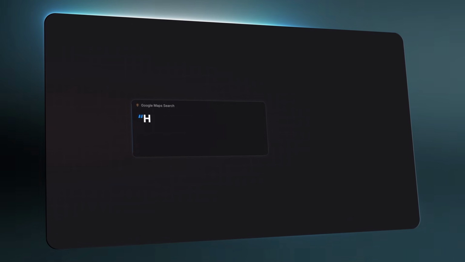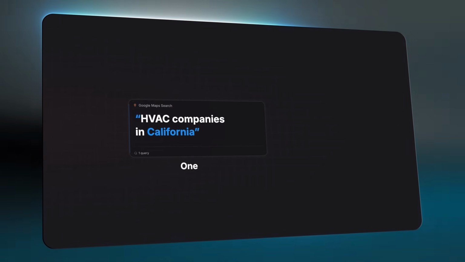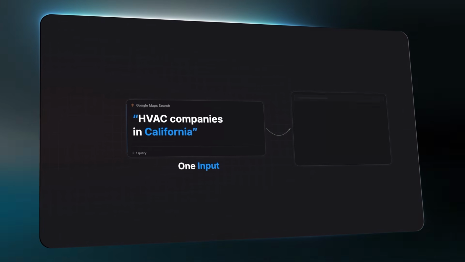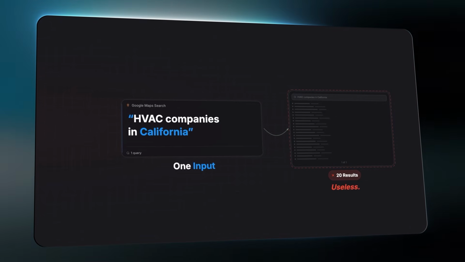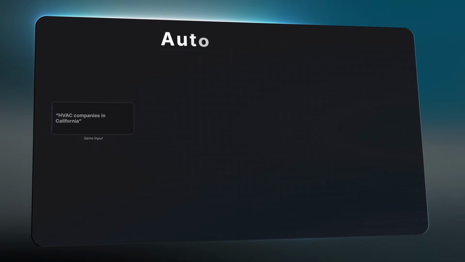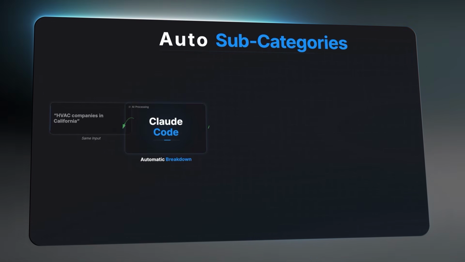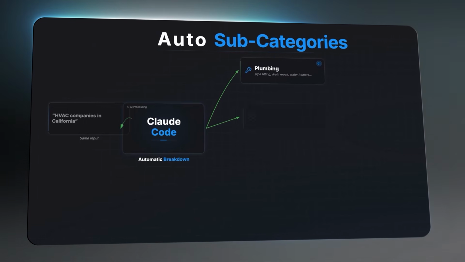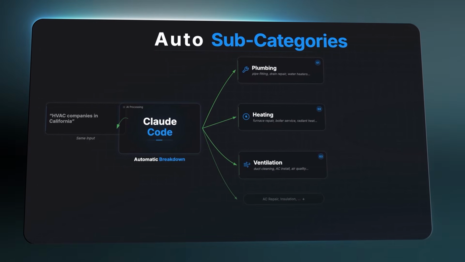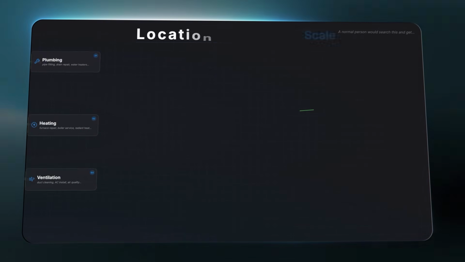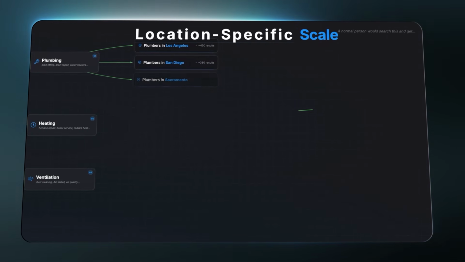Now, a normal person would just search that and get like 20 results from Google Maps, and that would be completely useless. But what Claude Code does is it breaks my query down into dozens of subqueries automatically. First, it categorizes HVAC into multiple subcategories like plumbing, heating, ventilation, all the different service types. Then for each subcategory, it creates location specific searches.